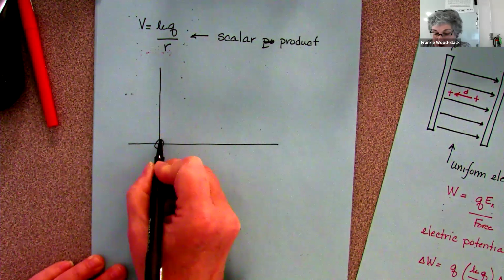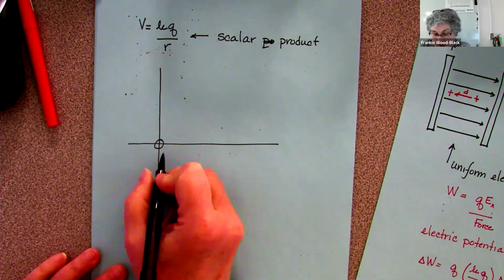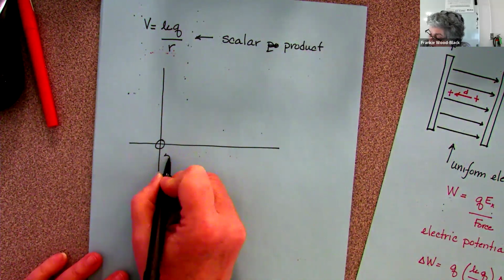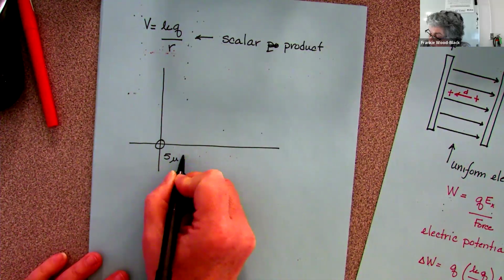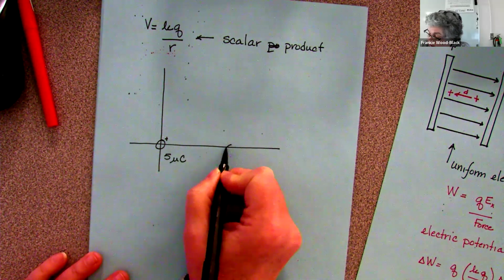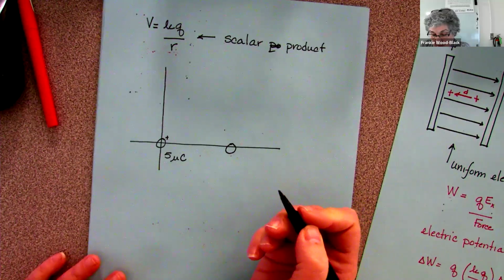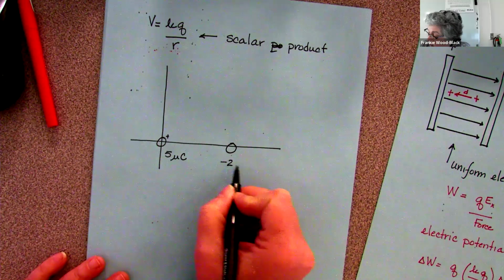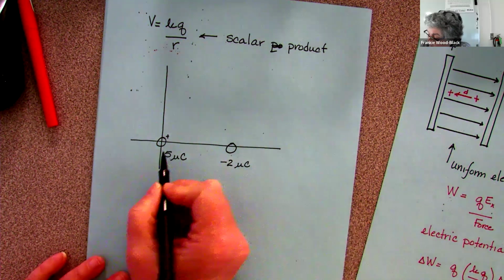So I've got a charge here, and we're going to give it as 5 microcoulombs, and we're going to make that a positive charge. And then I've got a negative charge here, and this one is going to be a -2 microcoulombs.